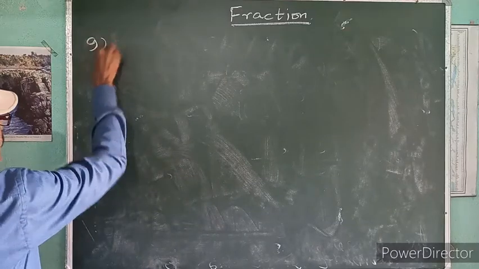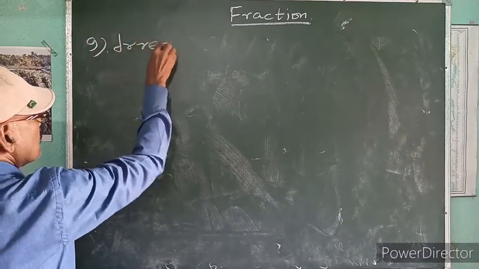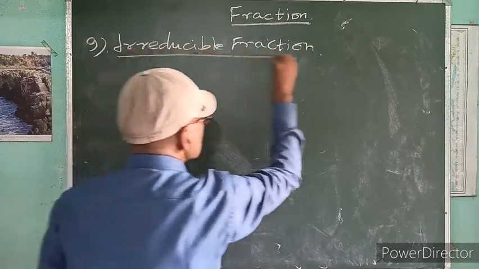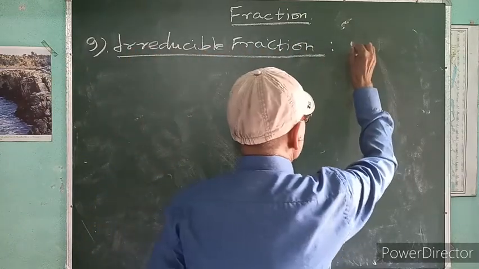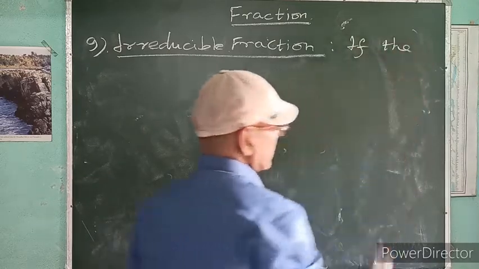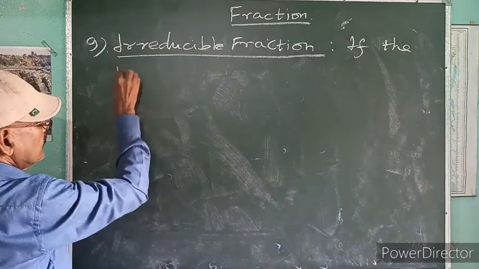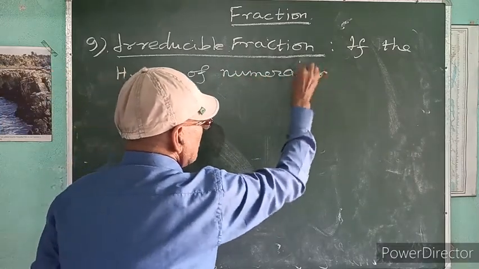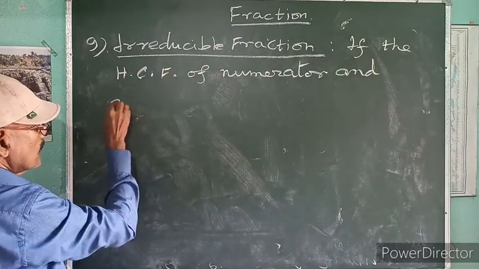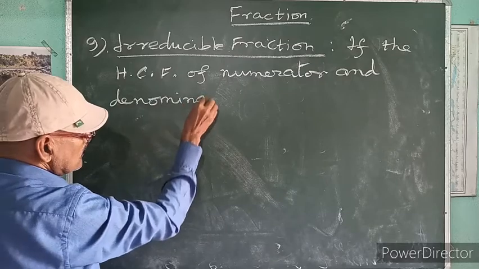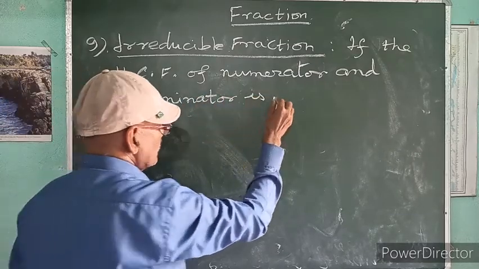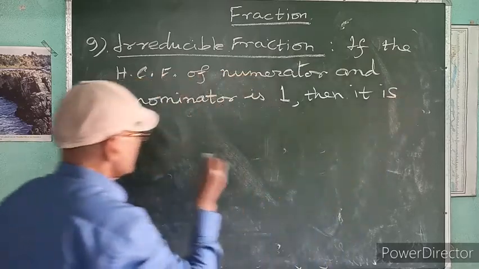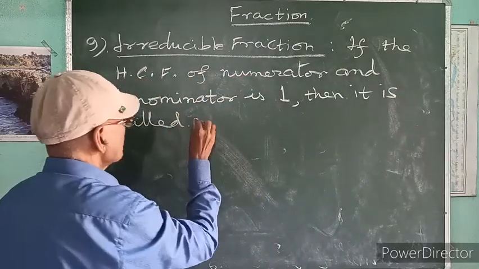Number 9 is irreducible fraction. If the HCF of numerator and denominator is 1, then it is called irreducible fraction.